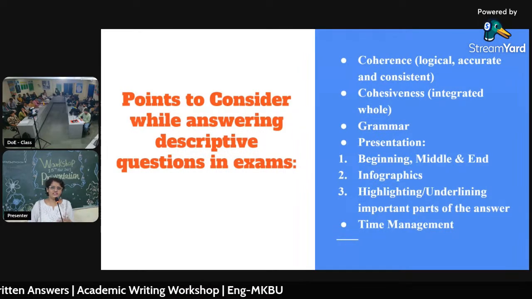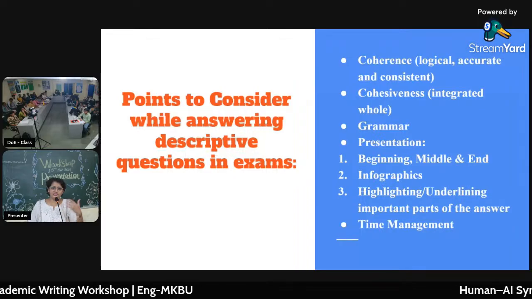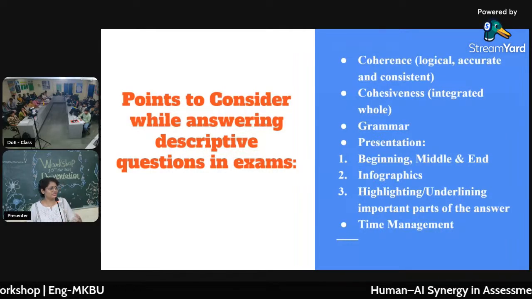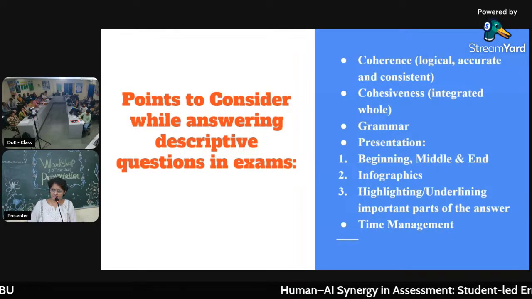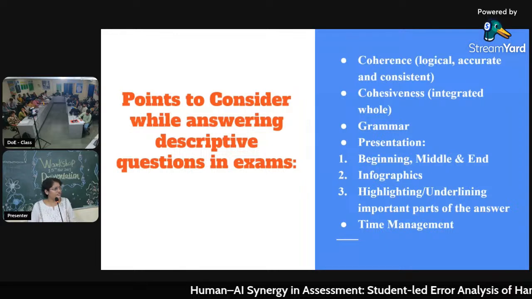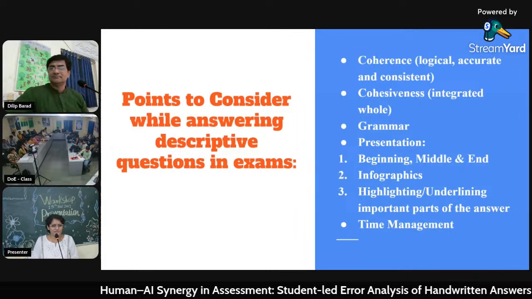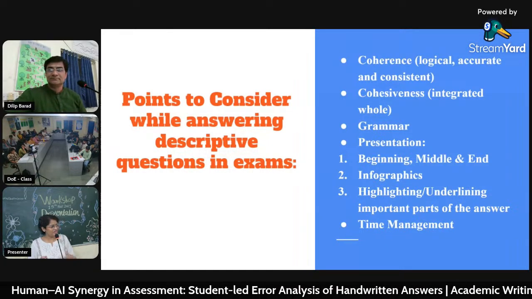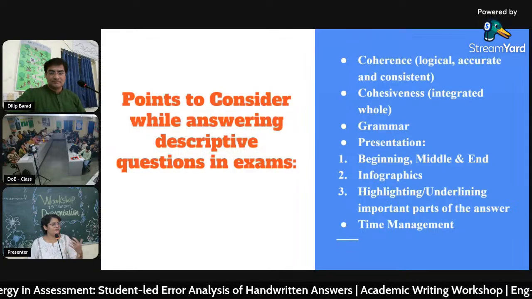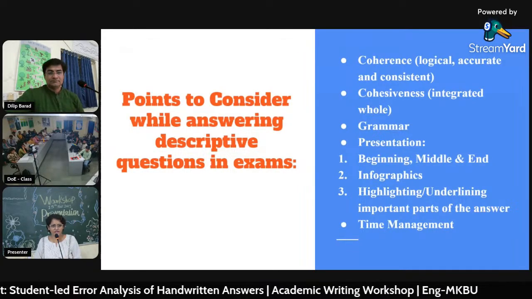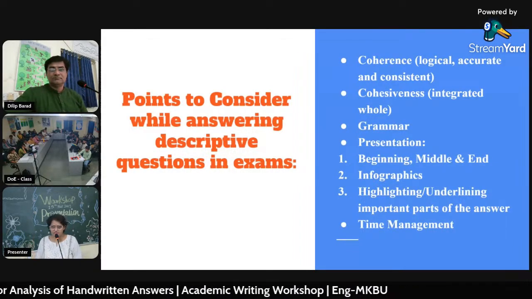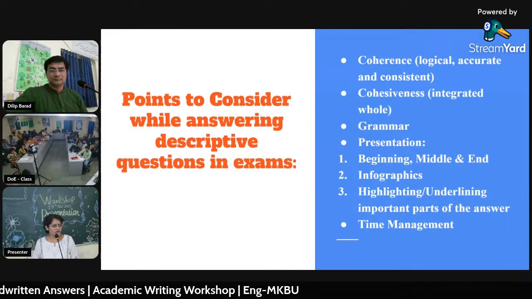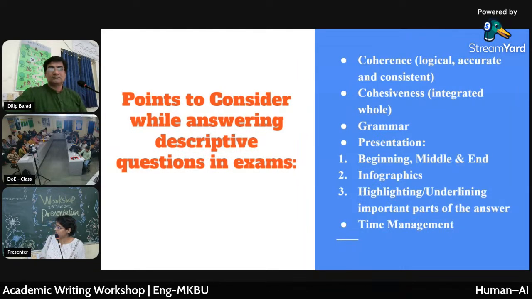So if you say Alexander Pope is an excellent poet, Jonathan Swift is a brilliant satirist, so those things, yes, all of us know, that is why you have them in the syllabus in the first place. But no need to exaggerate that time and again and repeatedly when you write your answer. So cohesiveness, it reads as an integrated whole. Everything adds on to the answer that is there.